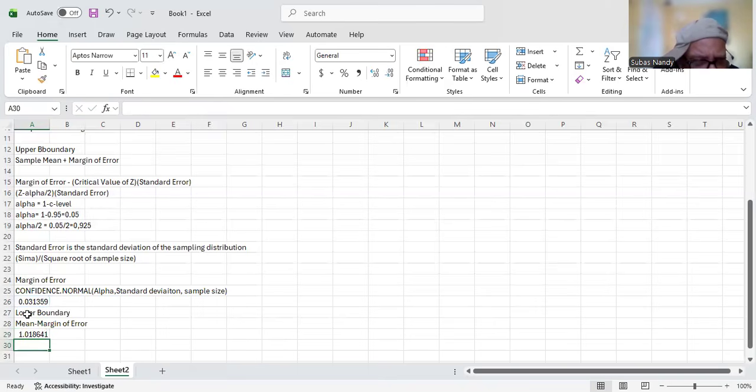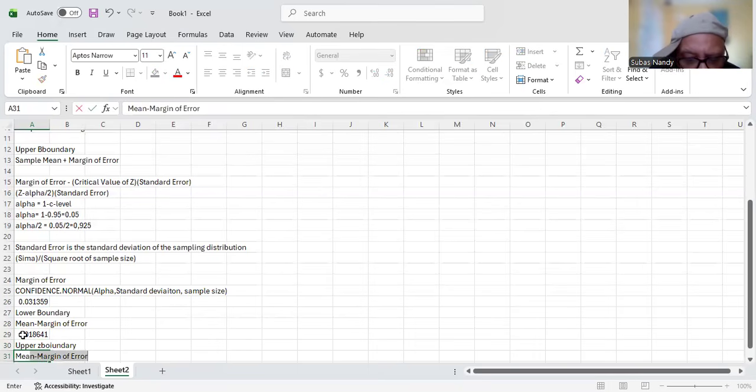Okay, that is my lower boundary, and my upper boundary is mean plus margin of error.